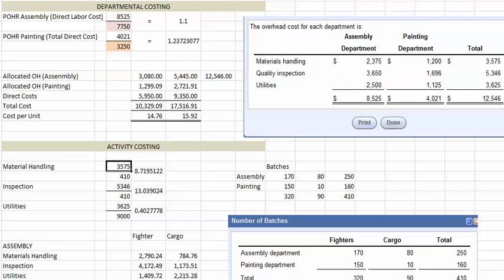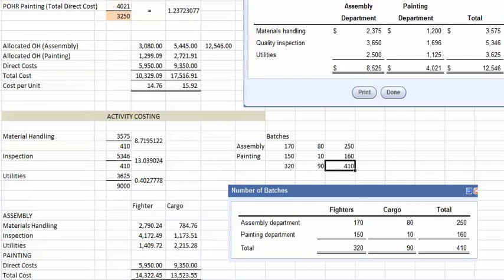So for our first activity rate, the $3,575, that's the overhead cost of our material handling, and we're going to divide it by 410 total batches. Our inspection, the overhead is $5,346. We divide it again by the number of batches.